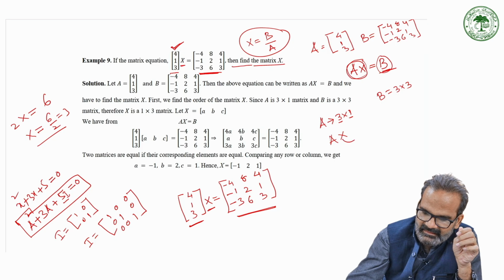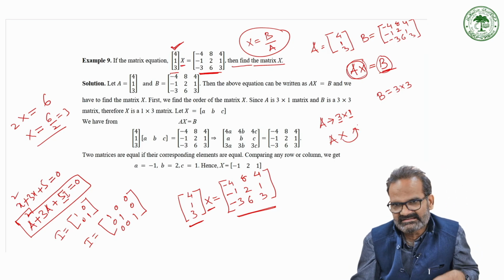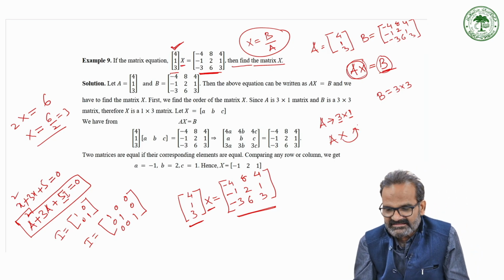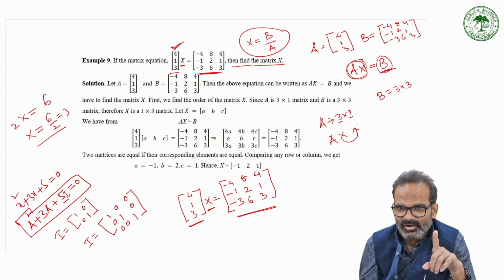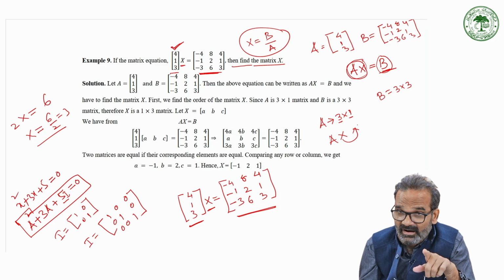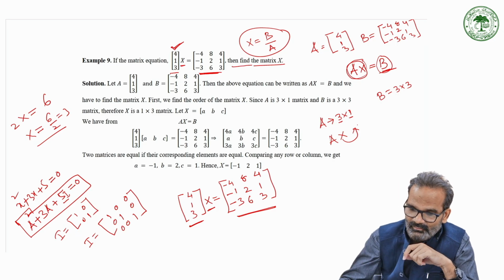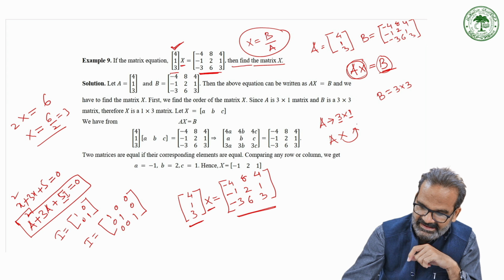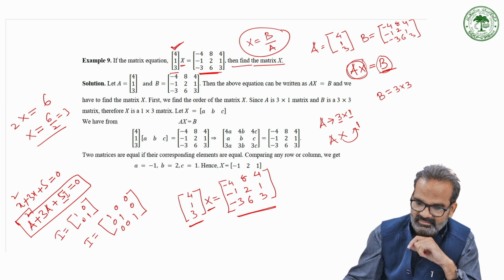Then how many rows must X contain? The number of columns of the first matrix, that is A, should be equal to the number of rows of the second matrix, that is X. So A contains 1 column, therefore X must contain 1 row, right? It is clear.